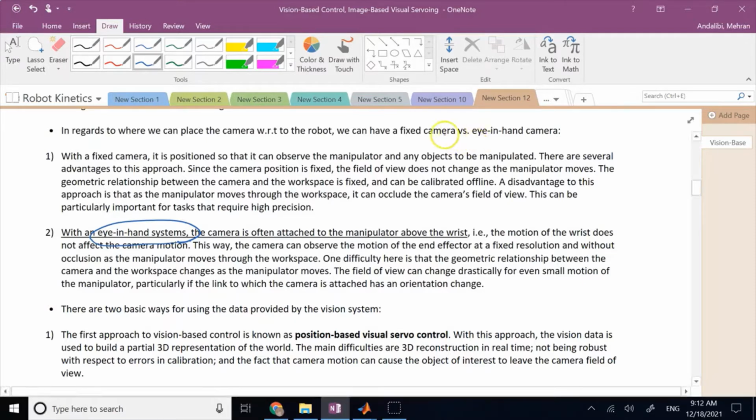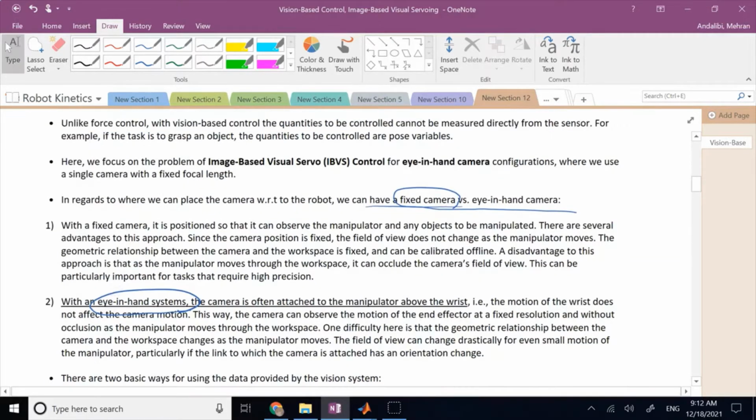The other thing that we do, and I mentioned that here, it is a camera with a fixed, when you say fixed camera, it means fixed focal length. Okay, so when it's a fixed camera, means the focal length of the camera is not adjustable. We assume it's a very simple camera. You cannot change the focal length of it.